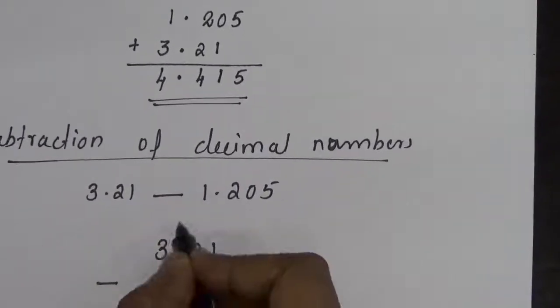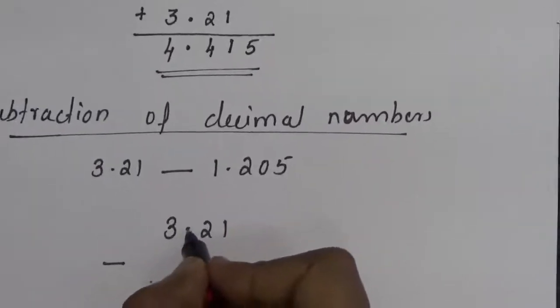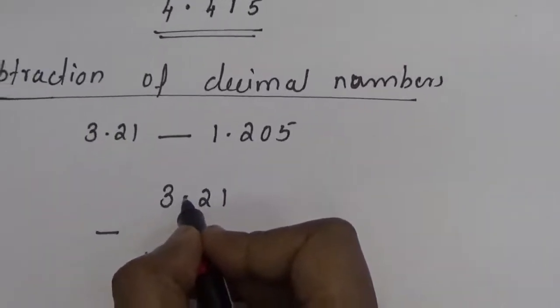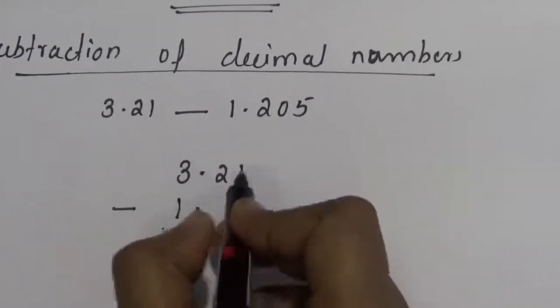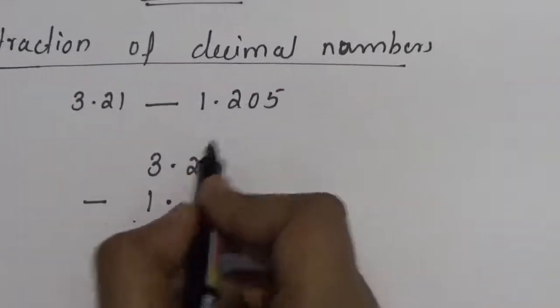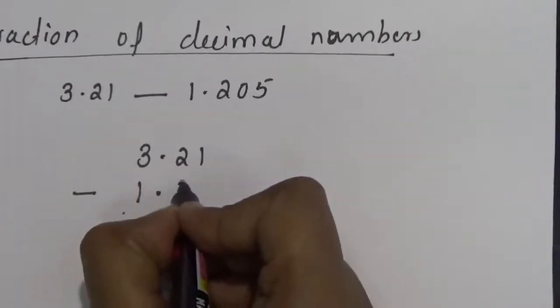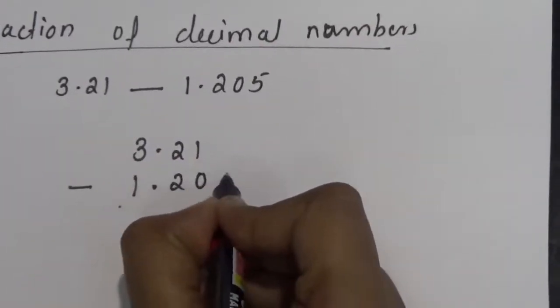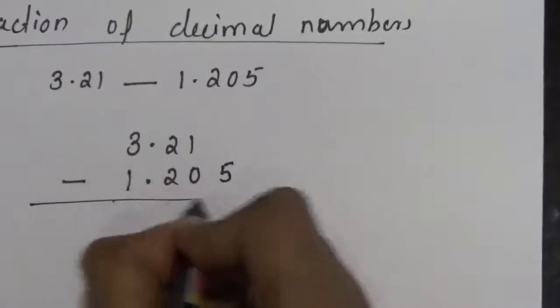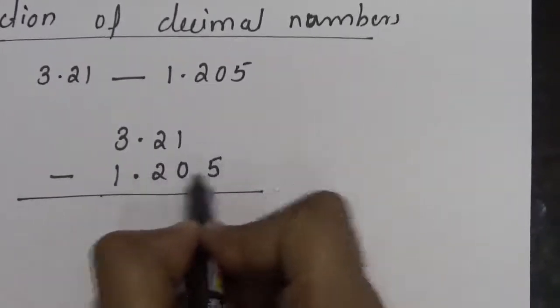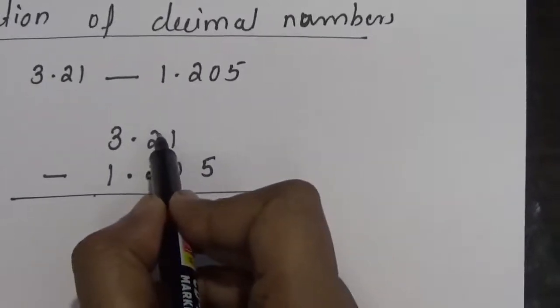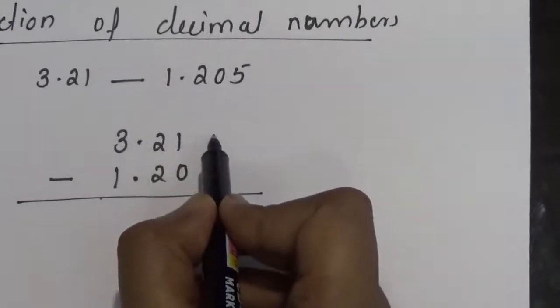Just under the point of the first number, you put the point of the second number. So we have 1 here, and the next number is 205. In the 1 by 10 position we have 2, here we have 0, and here we have 5. Now here 3 decimal places are there, here only 2 decimal places are there. So if you want, you can put 0 here.